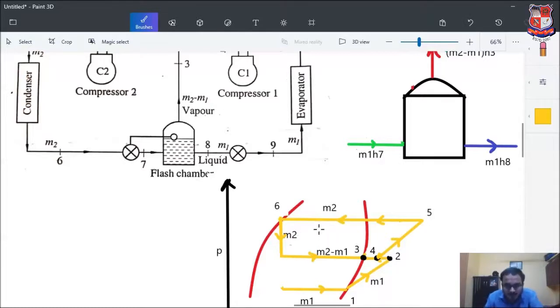Then we are observing the separation, that is M2 minus M1 is going into the flash intercooler and the remaining mass is going into the secondary expansion device.